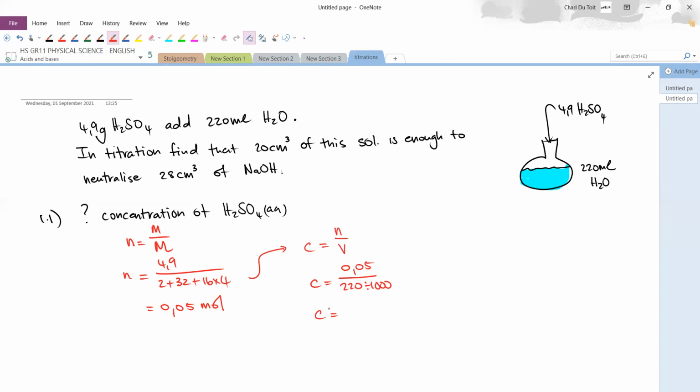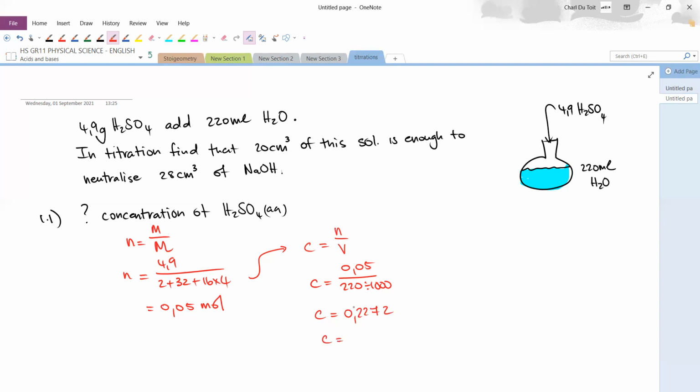Do you get 0.227? 0.220, which gives you 0.23. I get 0.2272. I just rounded off.